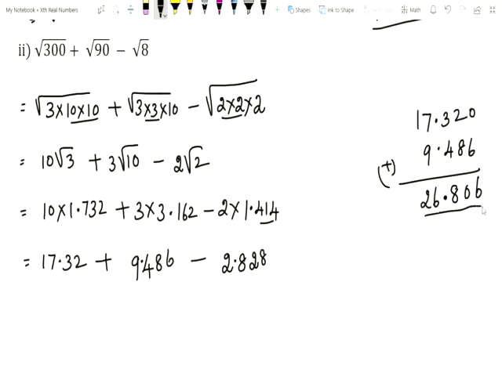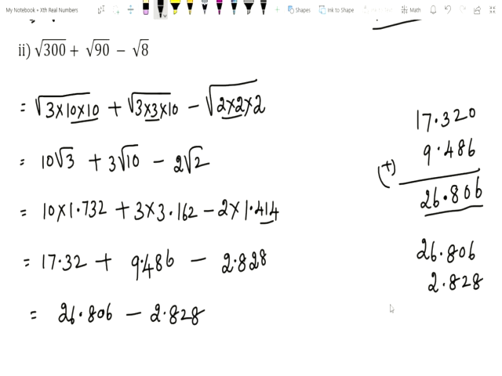So 26.806. 26.806 minus 2.828. Okay. First we added, then next what you want to do? We have to subtract. Okay. So 26.806 minus 2.828.